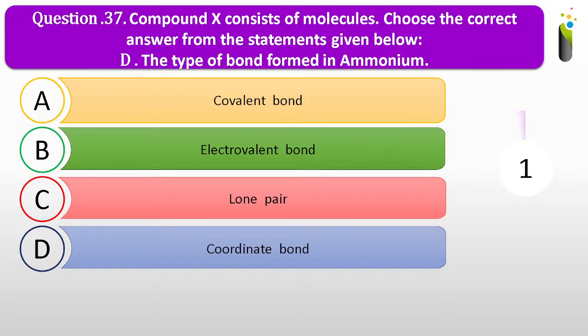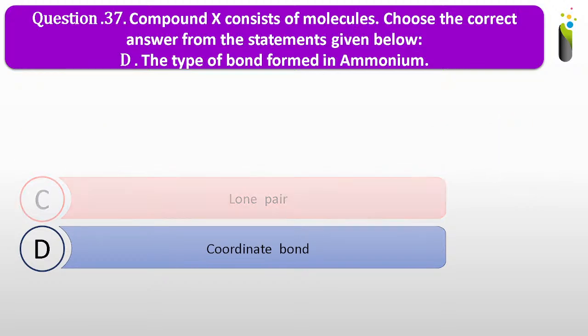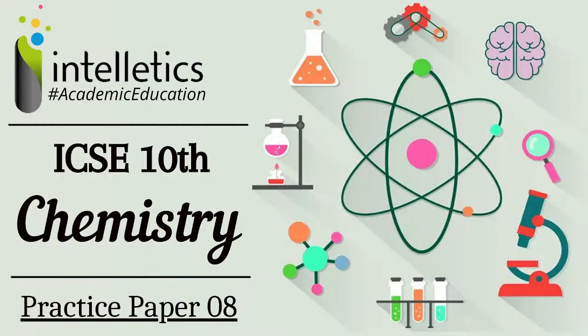And the correct answer for this question is coordinate bond. So the type of bond formed in ammonium ion is coordinate bond.